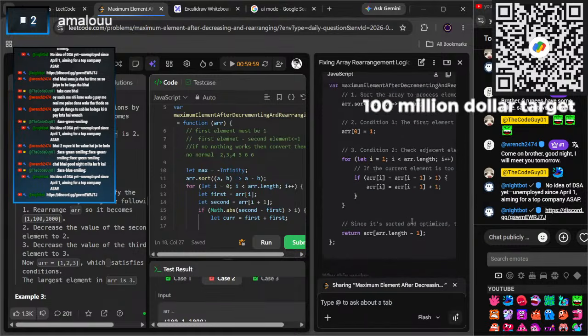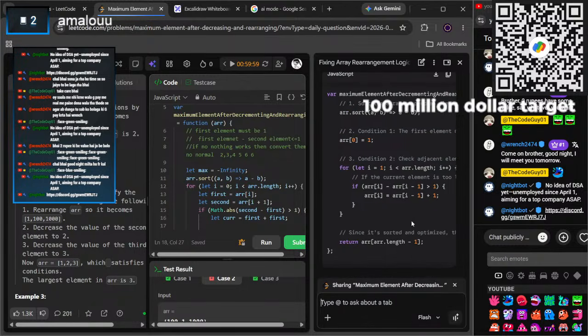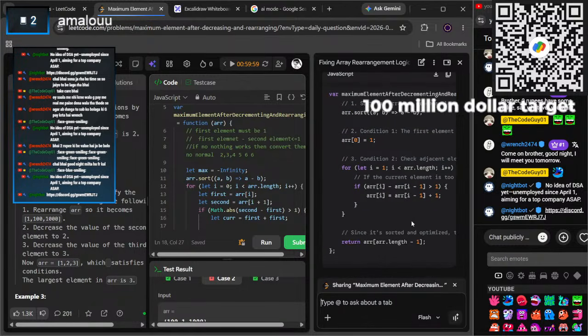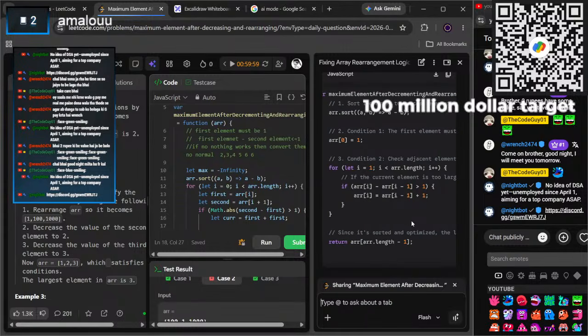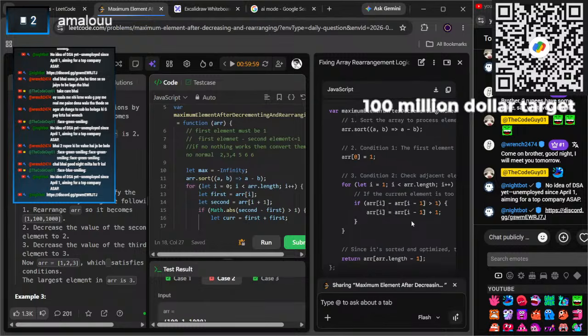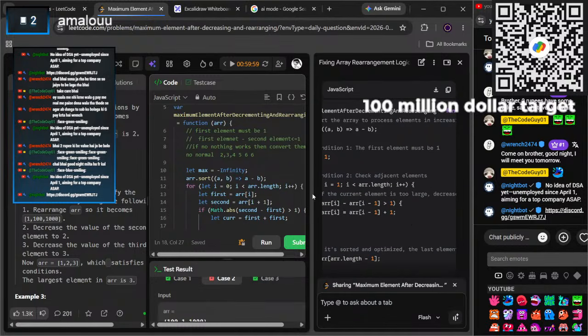What the hell? Oh, so you're saying that because I was storing like this, I'm not able to get the value.